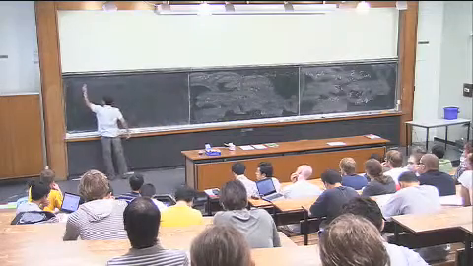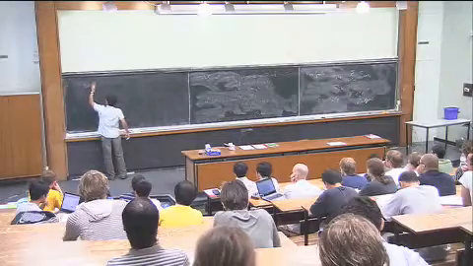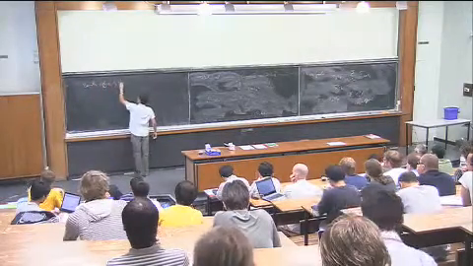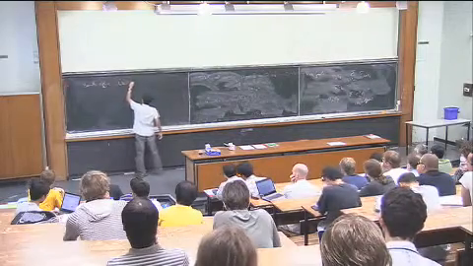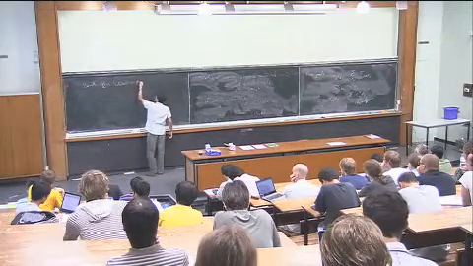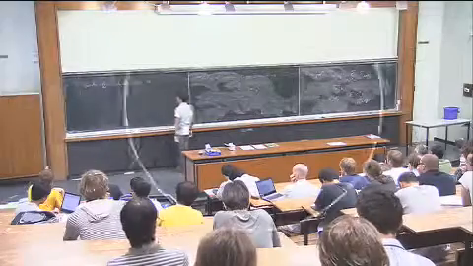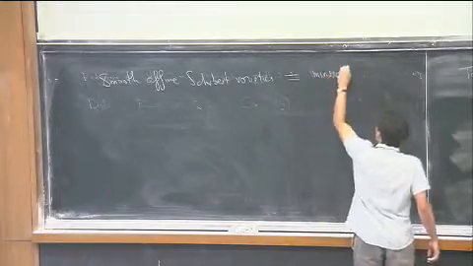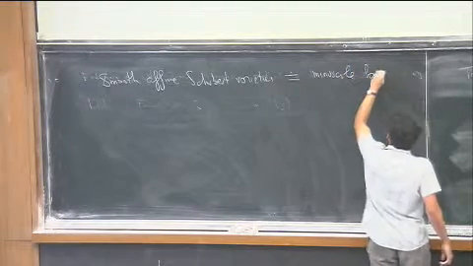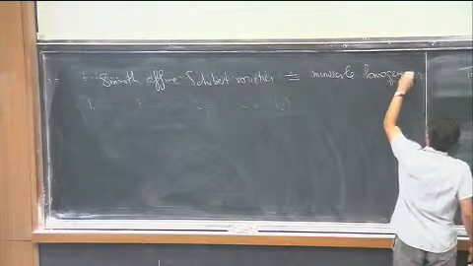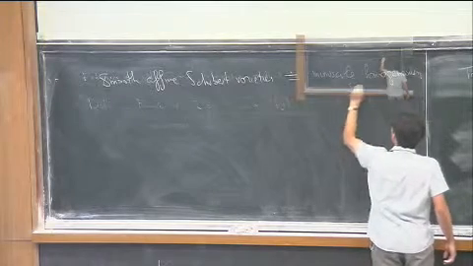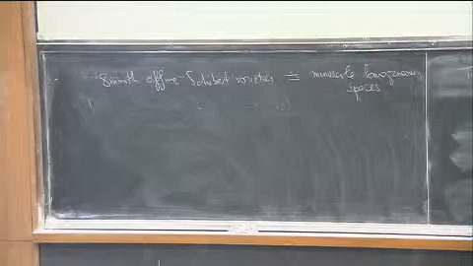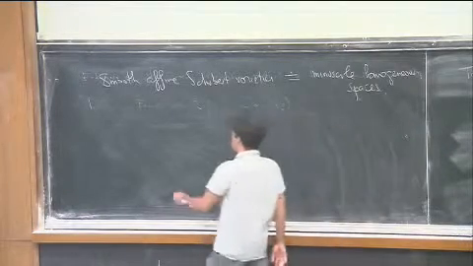So it turns out that the smooth affine Schubert varieties are some special homogeneous spaces which are called minuscule. So there is a short list actually.